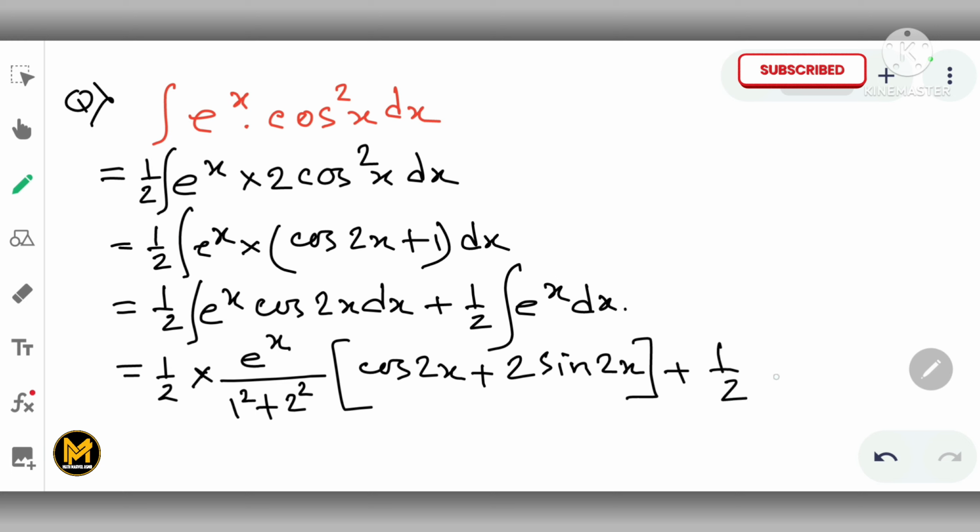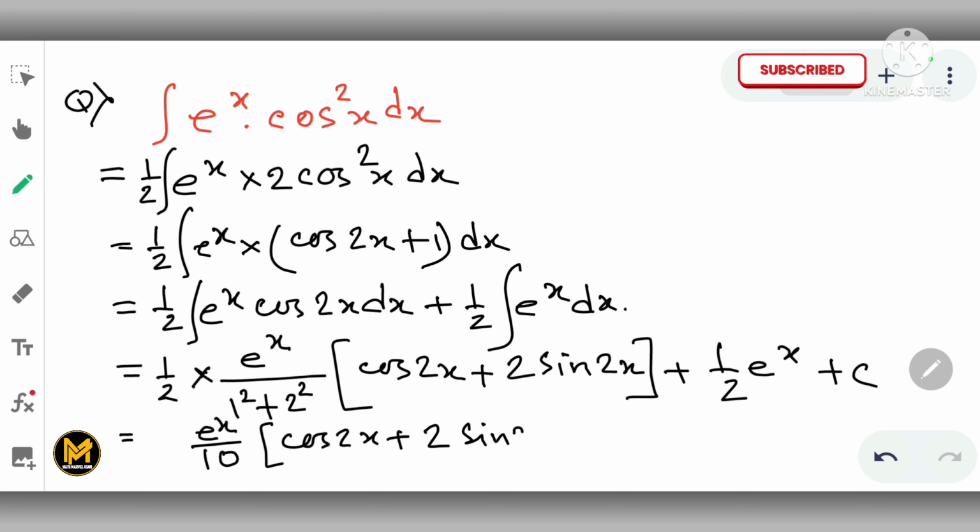On integrating e to the power x, we will get e to the power x plus c. So the answer will be e to the power x divided by 10 into cos 2x plus 2 sin 2x plus half of e to the power x plus c.